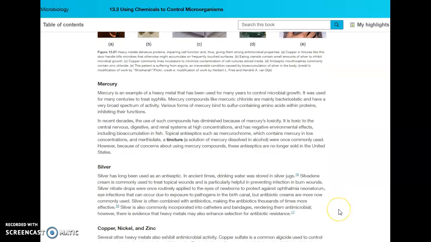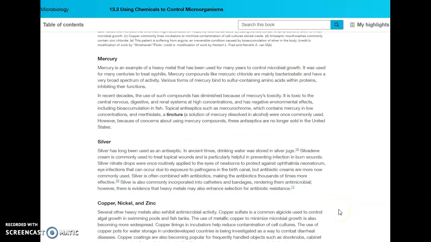So what are some of the heavy metals potentially that we can use? Mercury. We've used mercury for many, many years. It was used to treat syphilis at first, but then we realized it could be used to treat a lot of different bacterial infections.